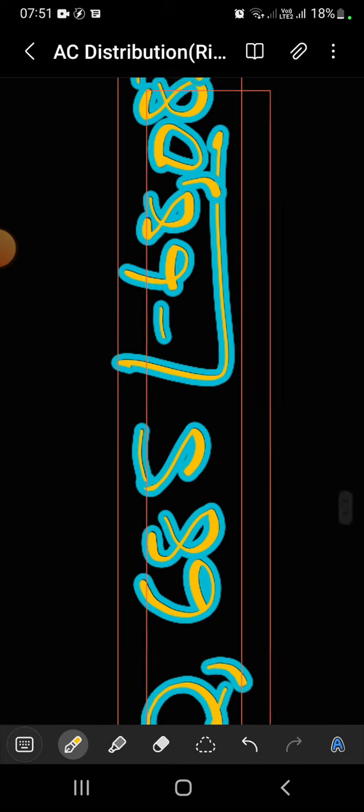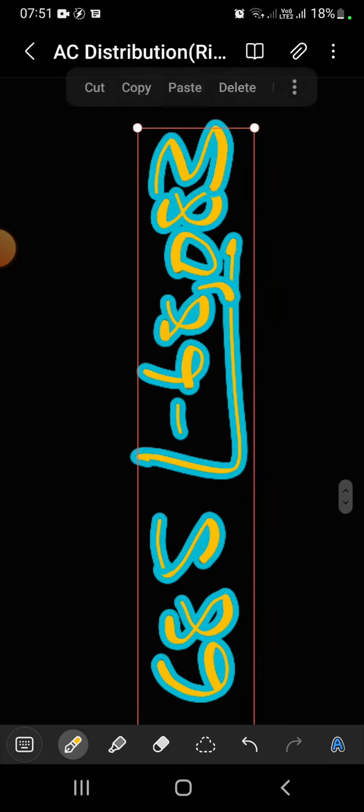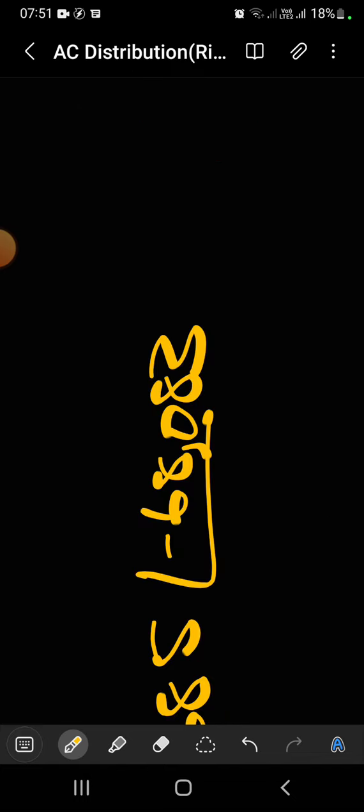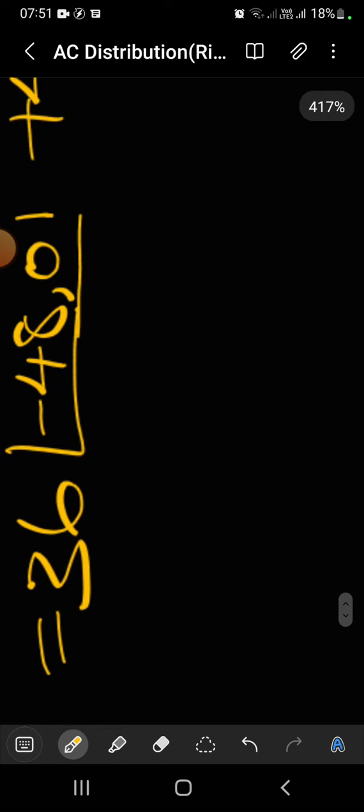I'll make it small. Good. Now convert it to rectangular, I'm sorry, rectangular of -48.0. Oh no, let me pause the video.